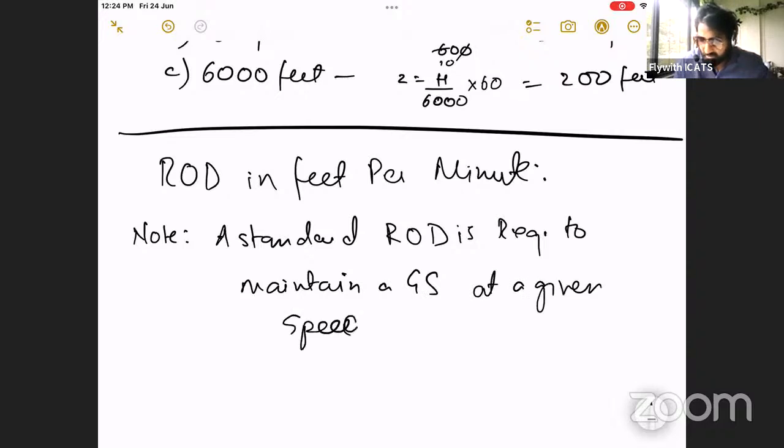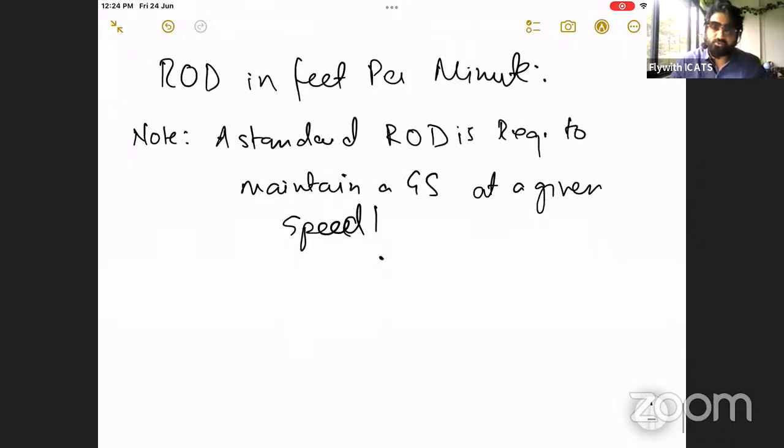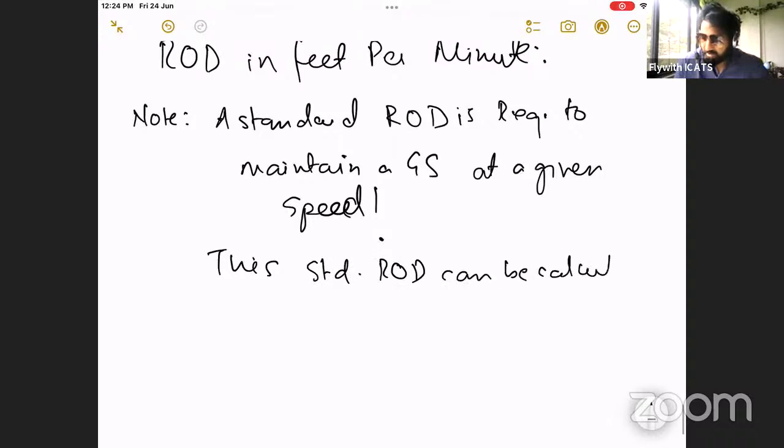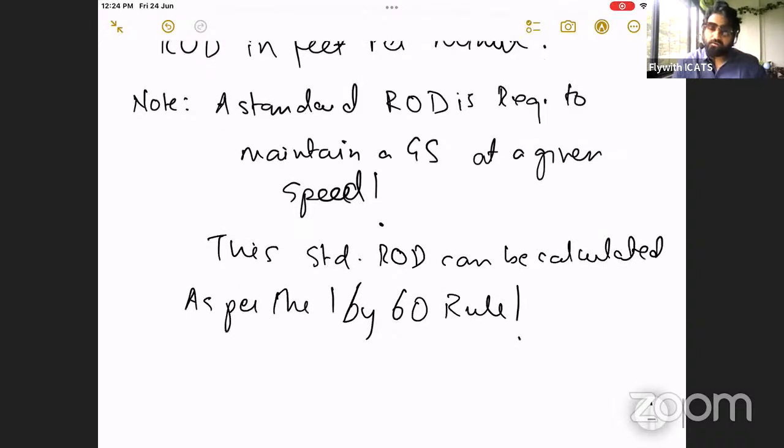So now we are going to introduce speed also in these calculations. Okay. This standard ROD can be calculated as per the 1 by 60 rule. Okay.